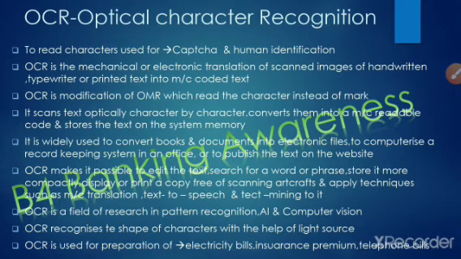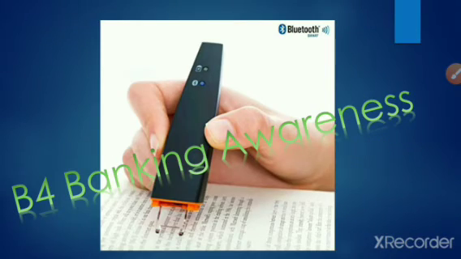OCR recognizes the shape of characters with the help of a light source. OCR is used for preparation of electricity bills, insurance premiums, and telephone bills. All the points given in this slide are very important. Remember them from time to time. This one is the example of OCR.